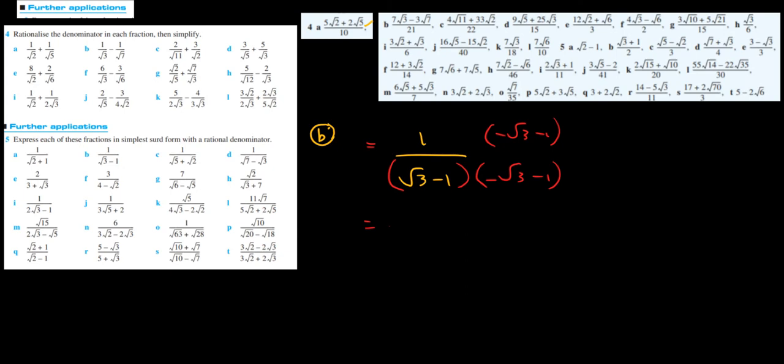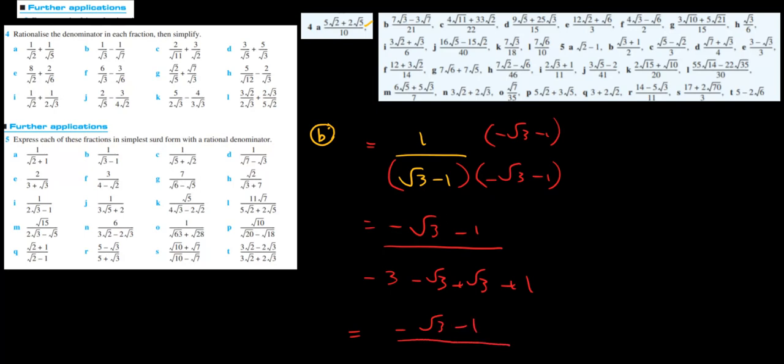Okay, so we've got negative root 3 minus 1 all over negative 3, negative root 3, positive root 3, positive 1, negative root 3, negative 1.